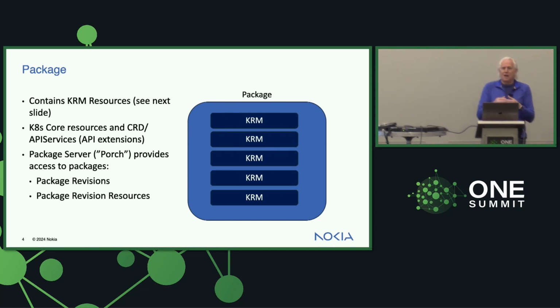So think about the software dependency tree. You have a piece of software that has a bunch of libraries. Each of those KRM resources is something that you're potentially depending upon. The second thing that we did is Porch as a system.